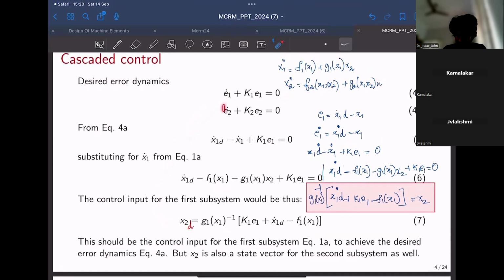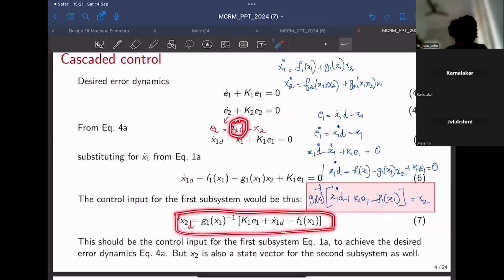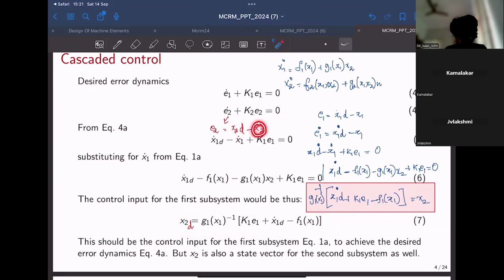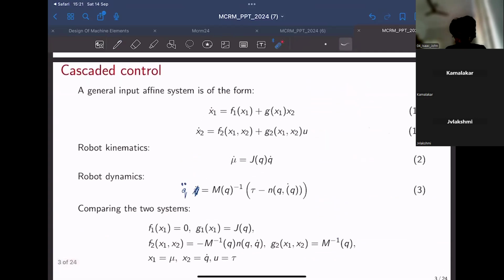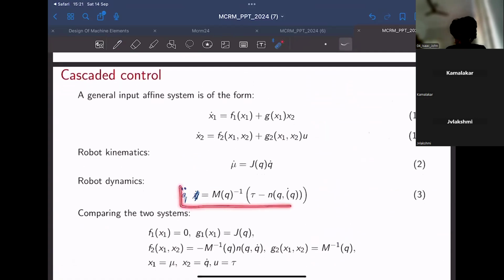So that is what this second error dynamics basically implies, right? Here E2 essentially means x2 desired minus x2. And here this x2 desired is actually this term, right? And x2, if you go back and compare with the robot dynamics equation, would be this vector q dot.